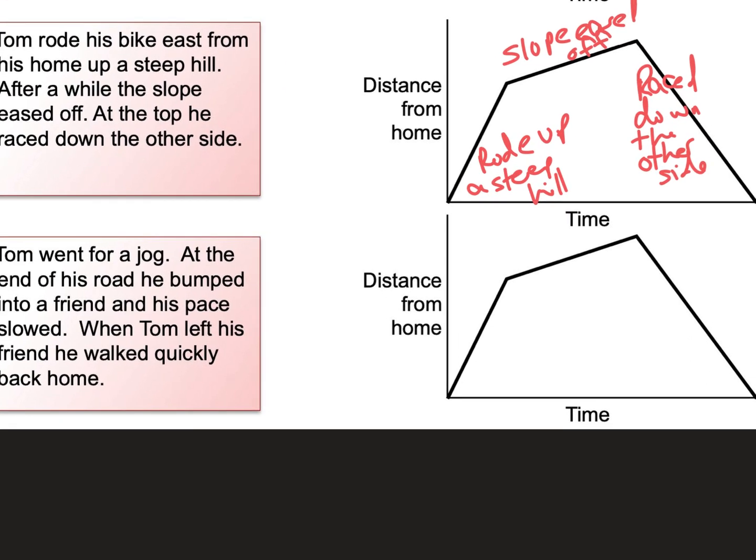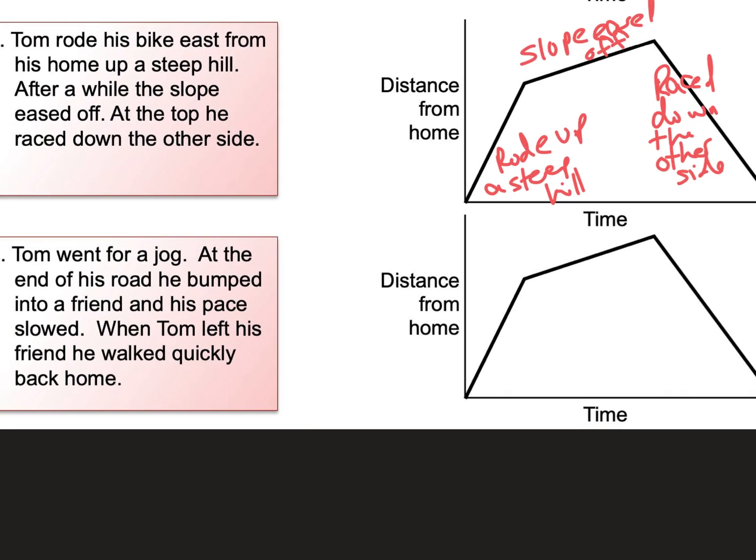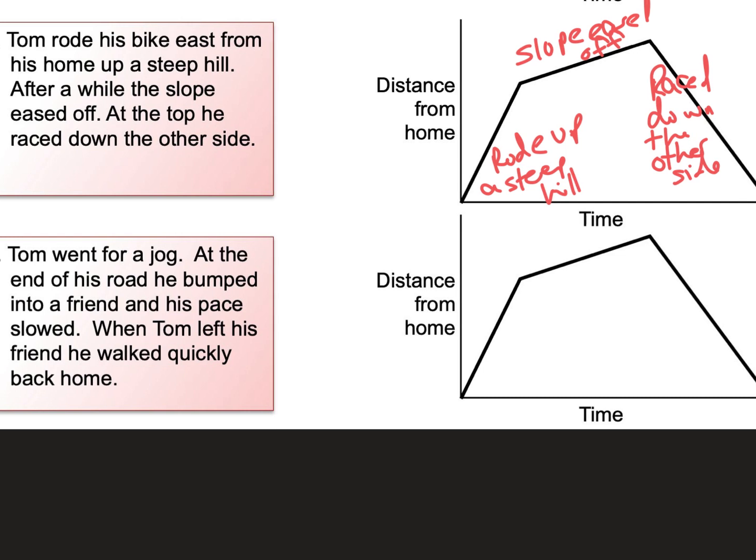Okay, let's look at the last one. Tom went for a jog. At the end of his road, he bumped into a friend and his pace slowed. So let's do this one in black. So he was jogging. Here he met a friend. And slowed.